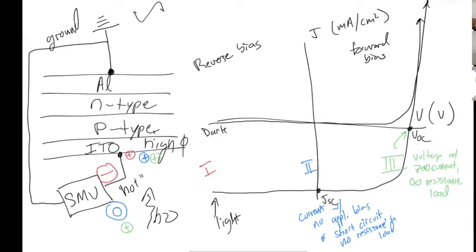So if you're not getting any current at all, that's the maximum voltage. At some point here, you have a maximum power point, or the MPP, and the maximum power is the current density times the voltage that gives you the highest power in milliwatts per square centimeter.